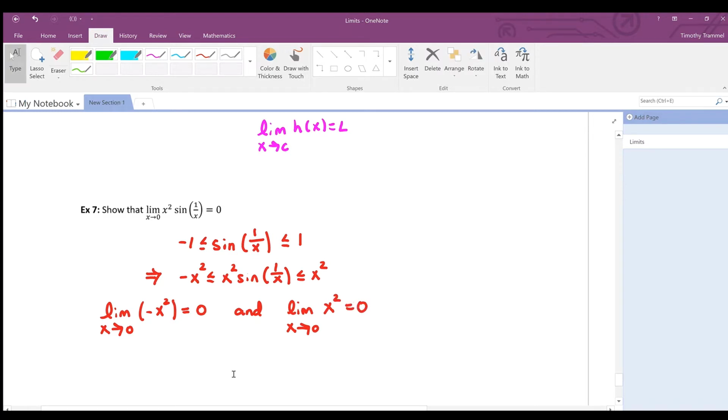So since we have x squared sine of 1 over x sandwiched between minus x squared and x squared, and the limit as x approaches 0 of both of those functions is just 0, we know that the limit as x approaches 0 of x squared sine of 1 over x is 0. And this is by the squeeze theorem.